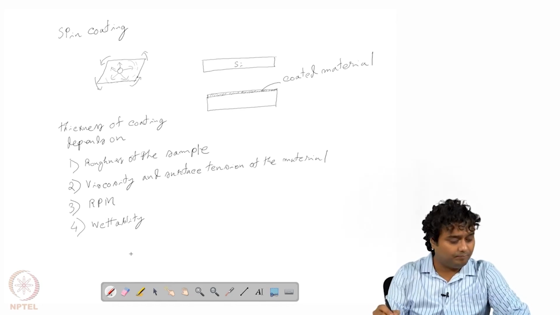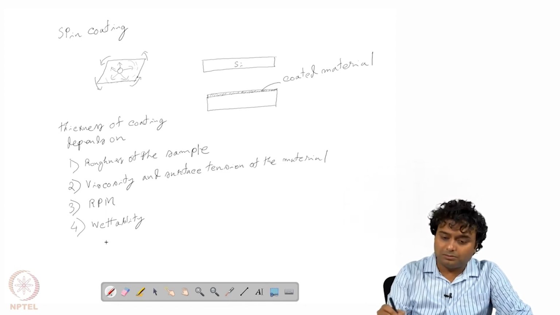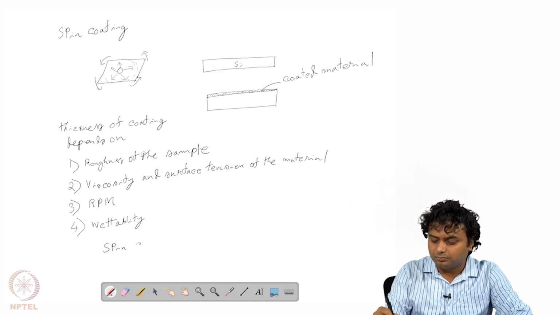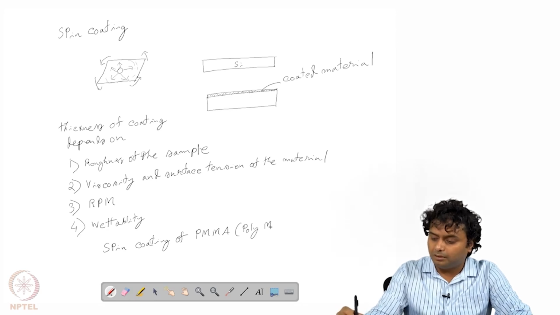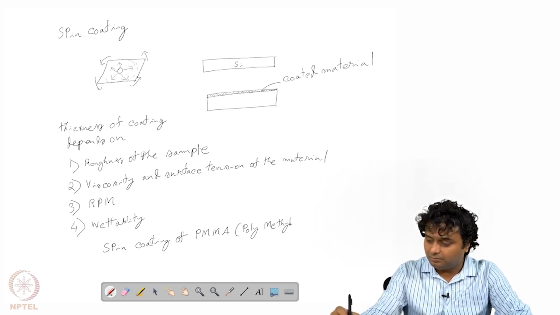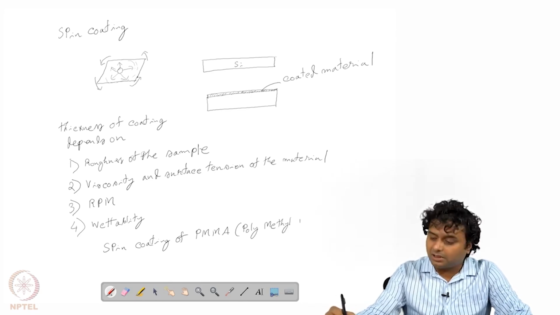One example of spin coating, just to mention, is spin coating of PMMA. What is PMMA? PMMA is polymethyl methacrylate.